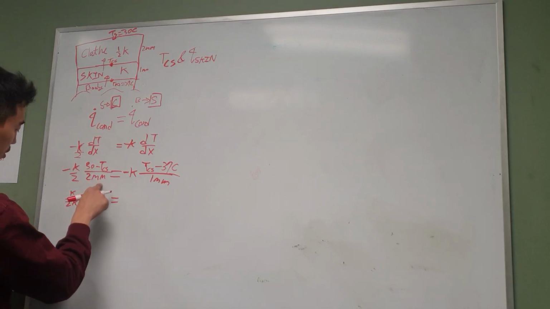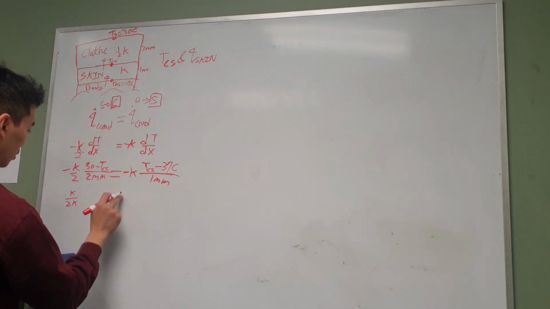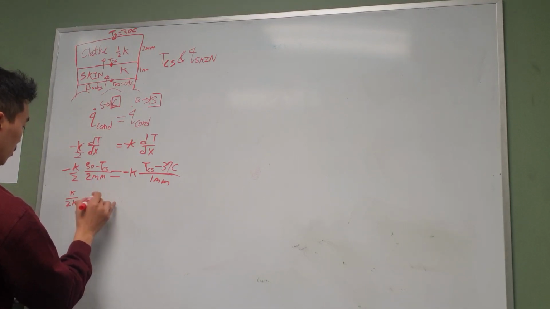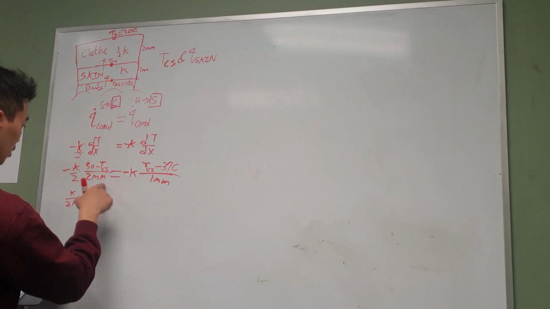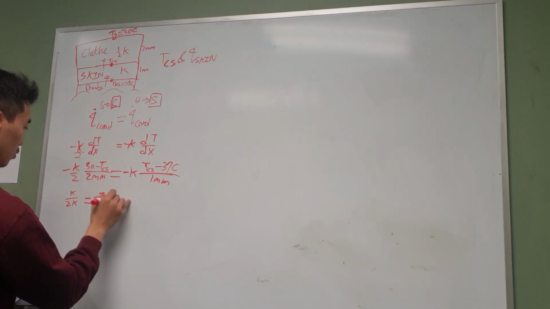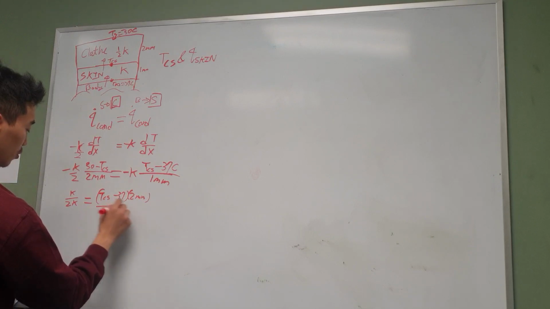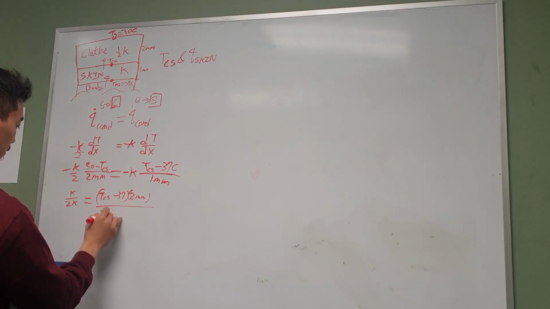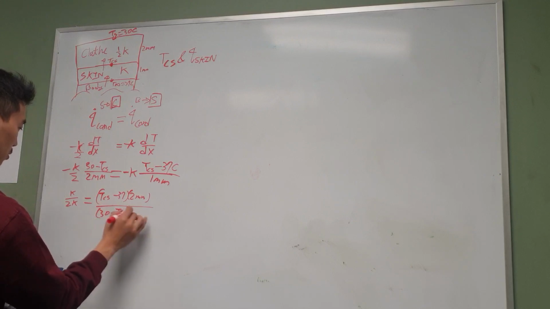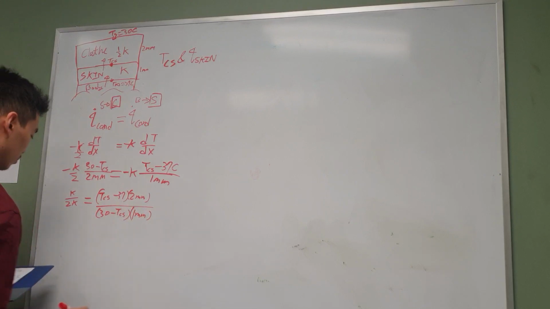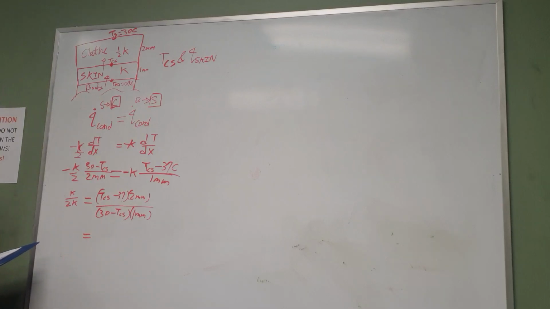Multiplying by 2 millimeters, divided by 30 minus TCS. And this K and K can cancel out.